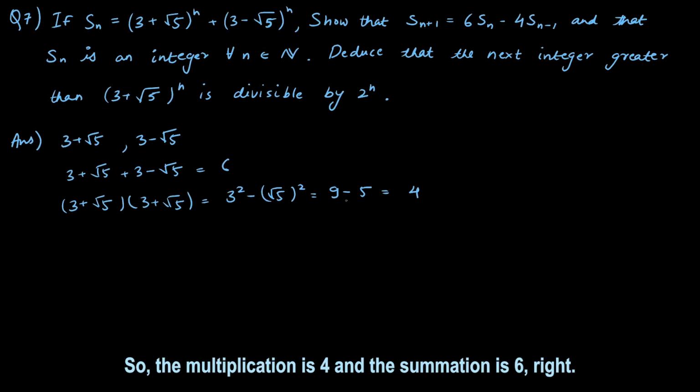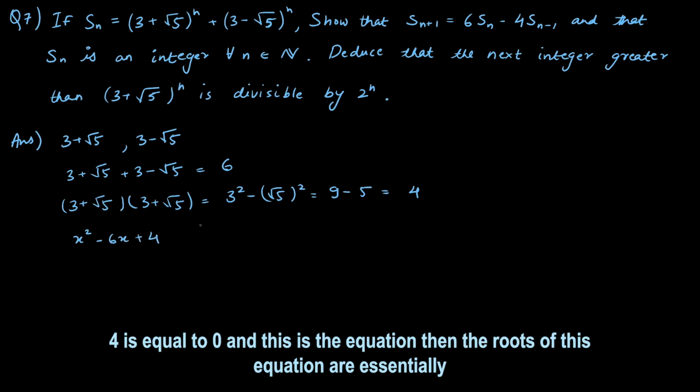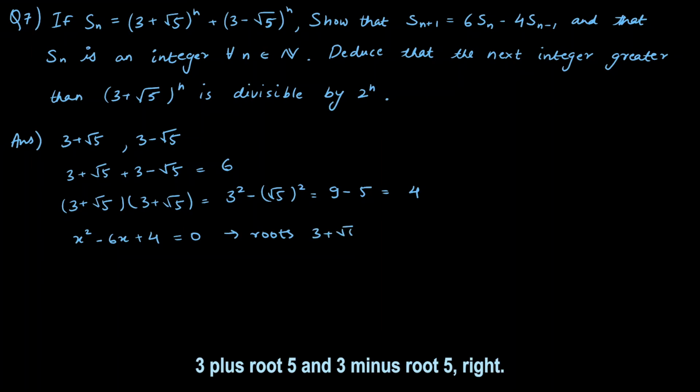So their multiplication is 4 and their summation is 6. So what we can say is that if we have the quadratic equation x² − 6x + 4 = 0, then the roots of this equation are essentially 3 + √5 and 3 − √5.